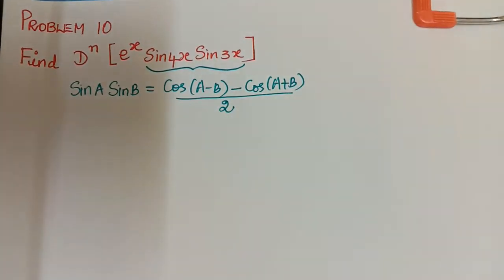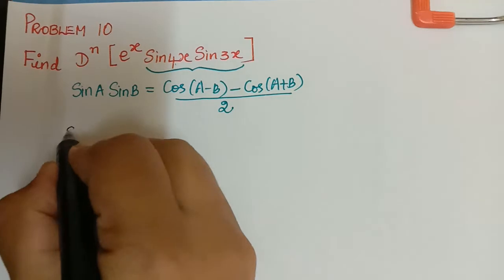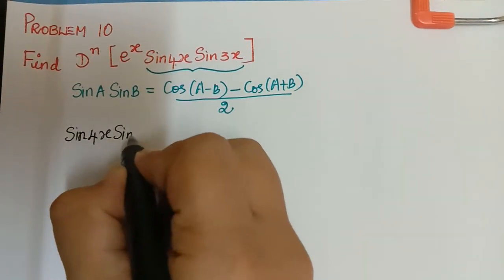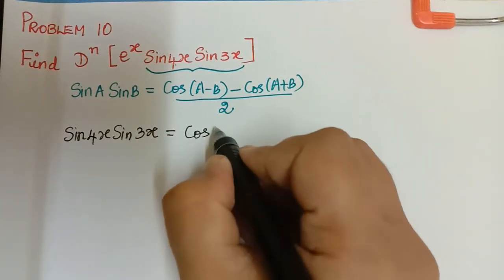So here at the place of A we are having 4 and at the place of B we are having 3. So sine 4x sine 3x will be equal to cos A minus B.